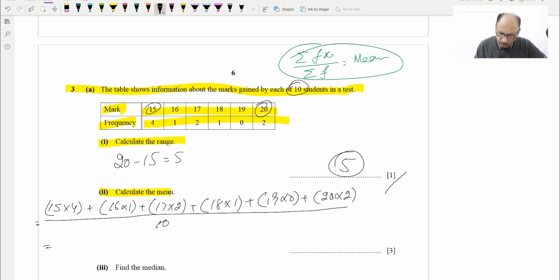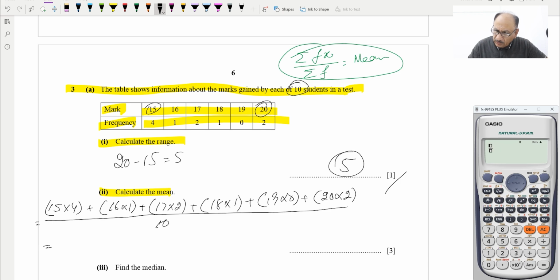Now rest is all calculation which we'll be carefully doing. We can write 15 into 4 basically, and this one plus this will be 16, plus 17 into 2 will be 34, and plus 18, and plus 19 into 0 will be 0, so plus 20 into 2 will be 40, and divided by 10 is resulting to 84.5, which is 16.8.